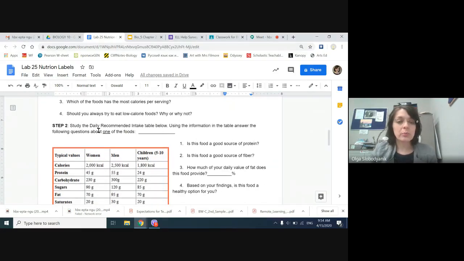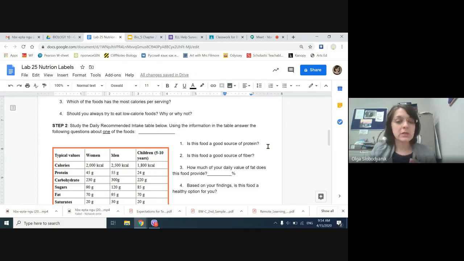Next, you will pick one food out of your 4 and answer these questions for your one food of choice, okay? So you write down, I'm going to do my questions on the potatoes, okay? If you have potato bags, or eggs, if you have the egg package. Is this food a good source of protein?